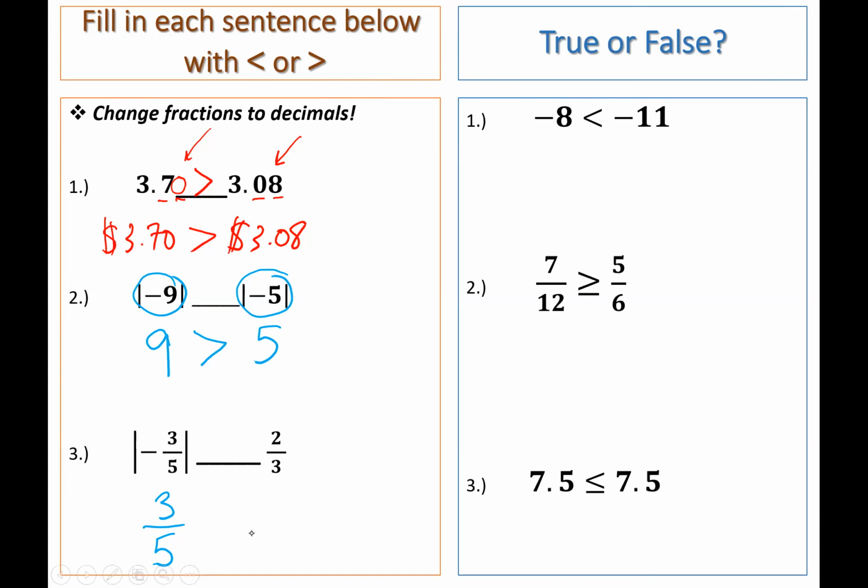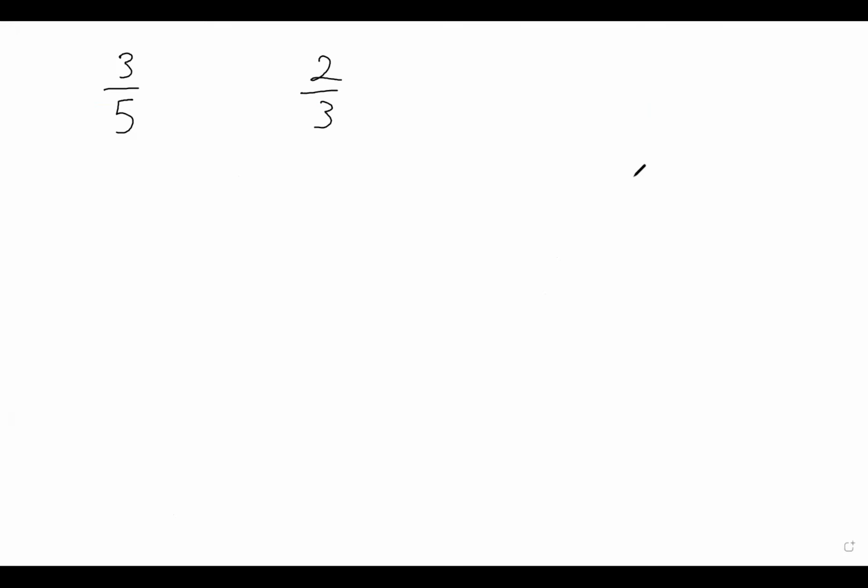Okay, so we're going to compare 3/5 with 2/3. Let's change each of these fractions into decimals, and let's do that by dividing. So I'm going to divide 3 by 5, and then we'll divide 2 by 3. Okay, so let's do 3/5.